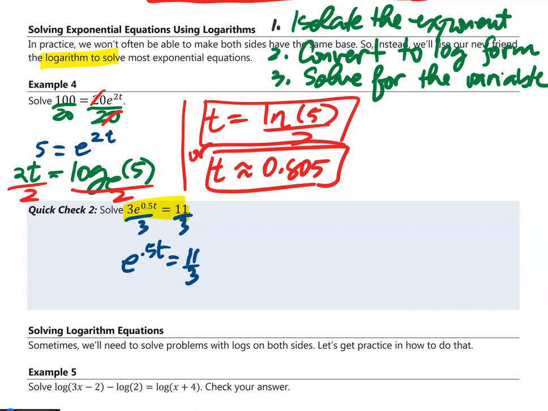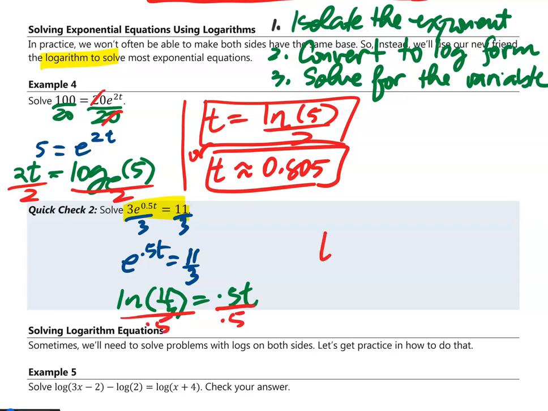And then convert this to log. So log base e, meaning that is ln. So ln of 11/3 is equal to 0.5t. And now we can solve for the variable by dividing both sides by 0.5.